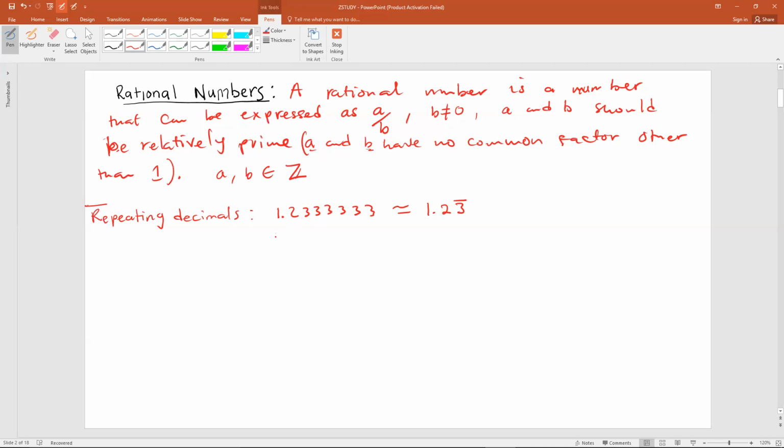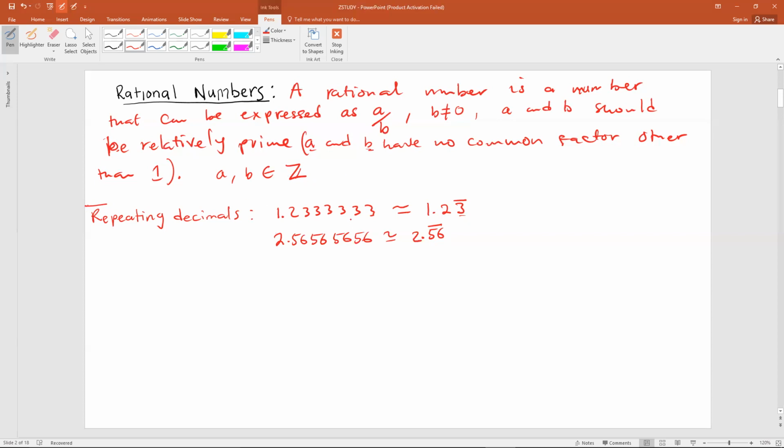Another number can be 2.56565656. If you see 5656 repeats, so this can be written as 2.56 with a bar on top of 5 and 6. It implies that 5 and 6 are repeating numbers. So it means it can have 1 repeating digit, 2 repeating digits, and then we can also have 3 or more repeating digits.